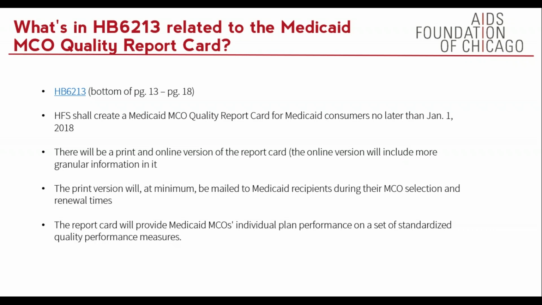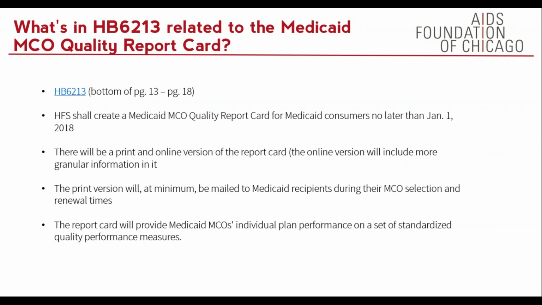And a minute ago, I talked about a couple of examples of how the online version had more detailed information than the print version. The law also says that the print version, at minimum, has to be mailed to the Medicaid recipients during their MCO selection time, and every year when they're able to renew, either stay within the same MCO or decide to change their mind and try out a different MCO.